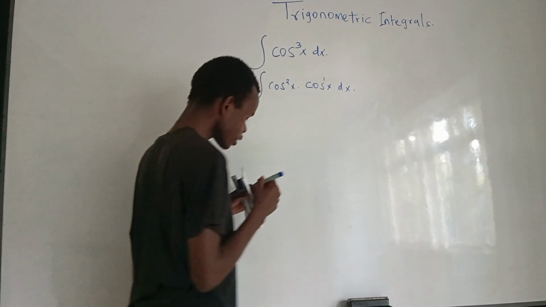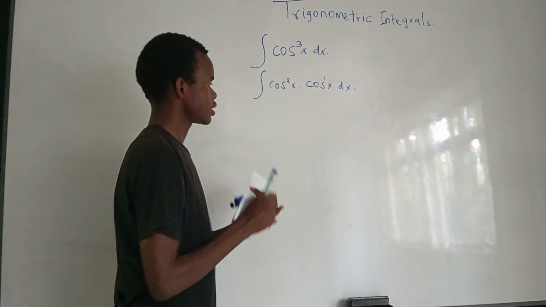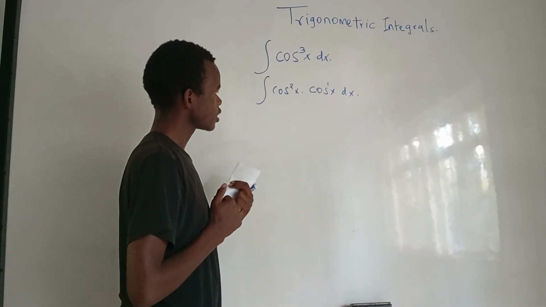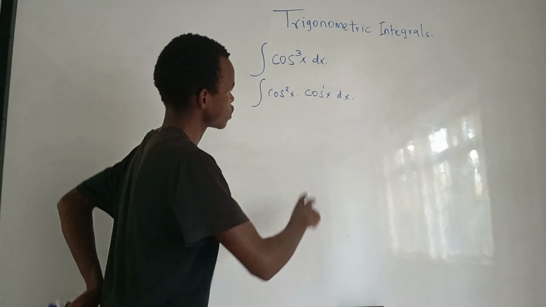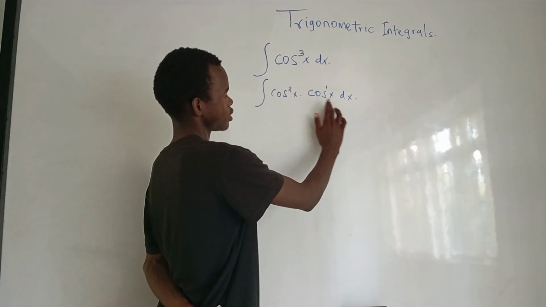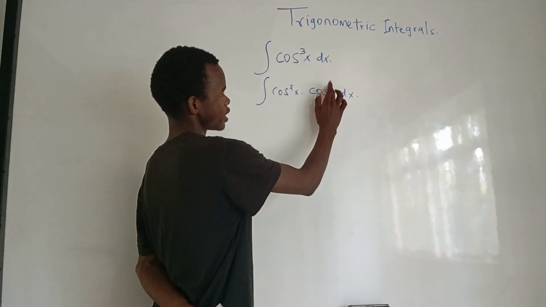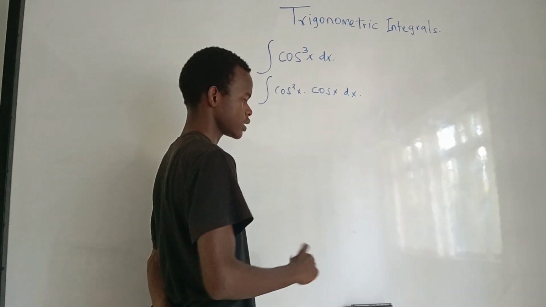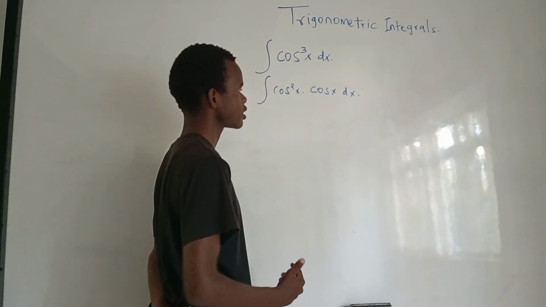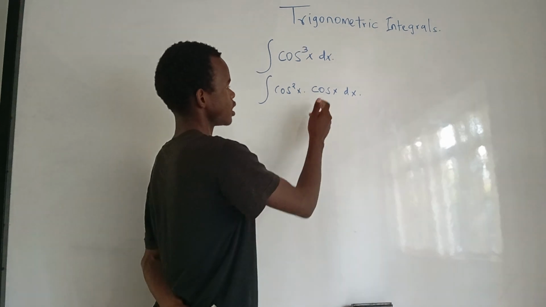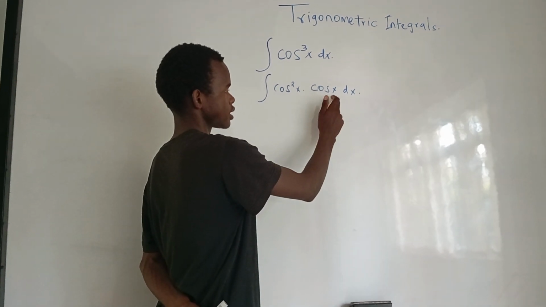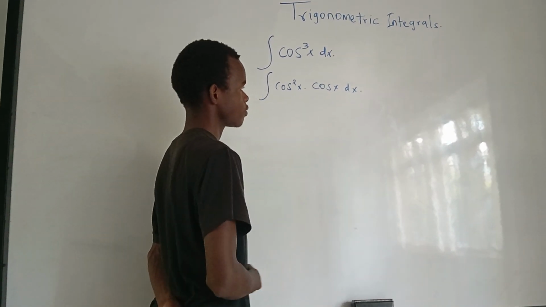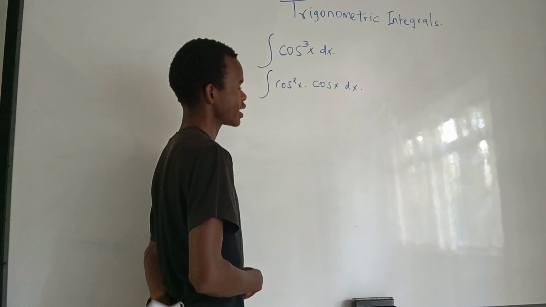From here, it's just a matter of thinking. To eliminate cos of x, I'll have to think of a trigonometric function such that if I find its derivative, I'll get exactly cos of x to be able to cancel.